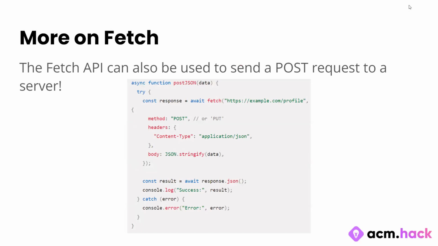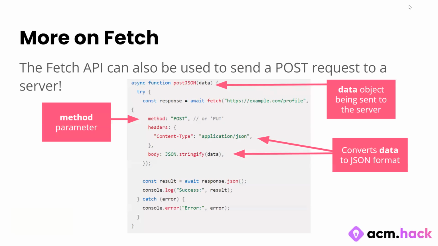Something else the Fetch API can do is actually send data to a server, which is pretty interesting. The syntax is pretty much the same. There are just a few extra attributes you need to add. Mainly the method parameter, where you specify that you're posting data to your specified URL. And you have to pass a data object because you're sending data, so you need to specify what you want to actually send.